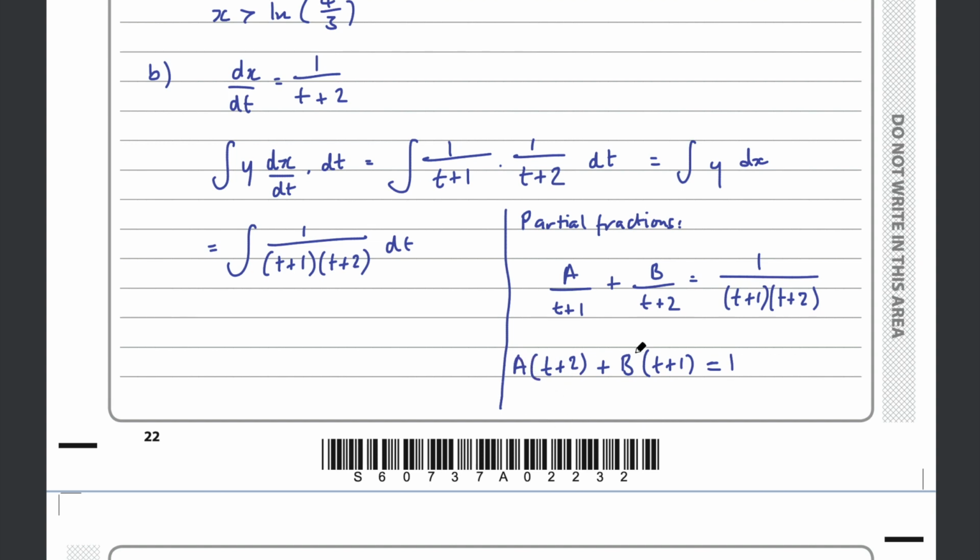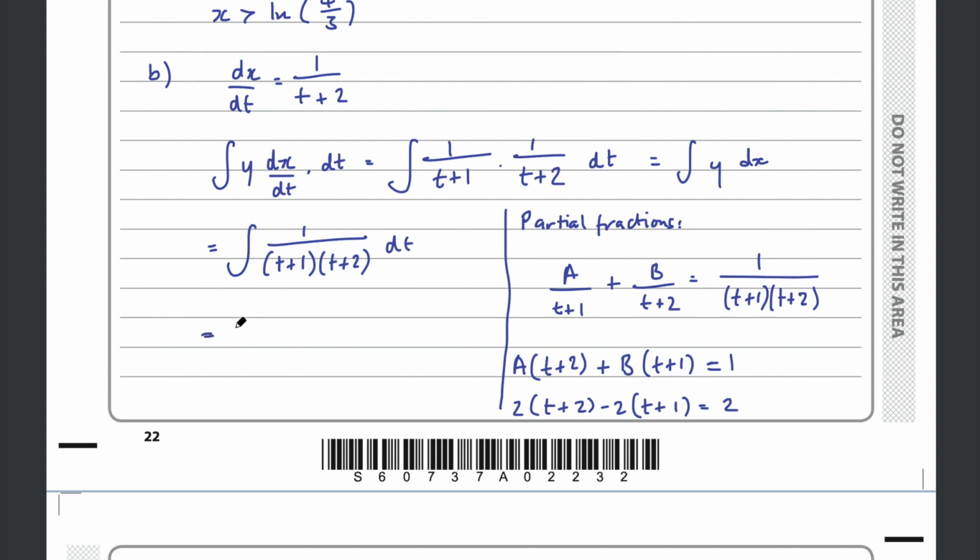So that means that a and b can only really be 1, and 1 needs to be the negative of the other. You could try it with something else. You could try 2 times t plus 2, take 2 times t plus 1, and see what that equals. You'd get 2t take 2t, they would cancel out, but then you'd have 4 take 2, which would equal 2. So the only numbers there that fit are 1 and negative 1.